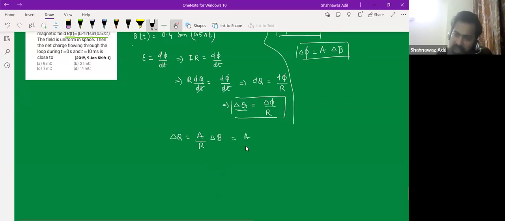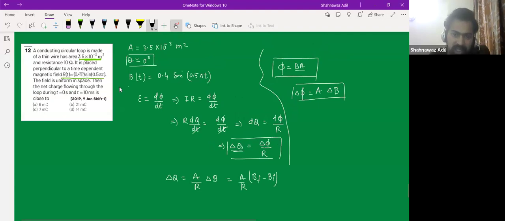A by R, change in magnetic field would be B final minus B initial. So this would be the net charge, and we have to find it from t equal to 0 second to t equal to 10 milliseconds.